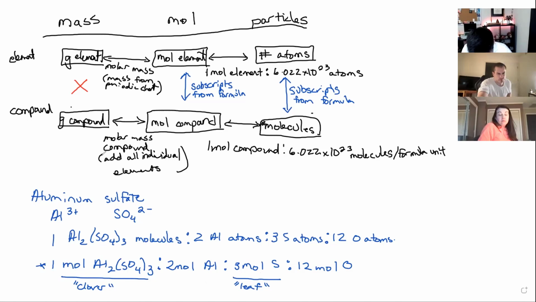So let's actually use aluminum sulfate, Al2(SO4)3, and we'll do a problem.